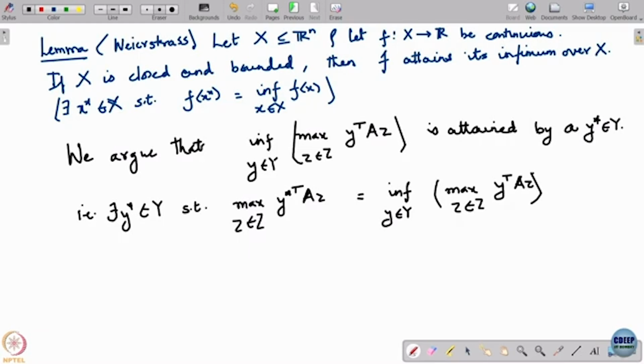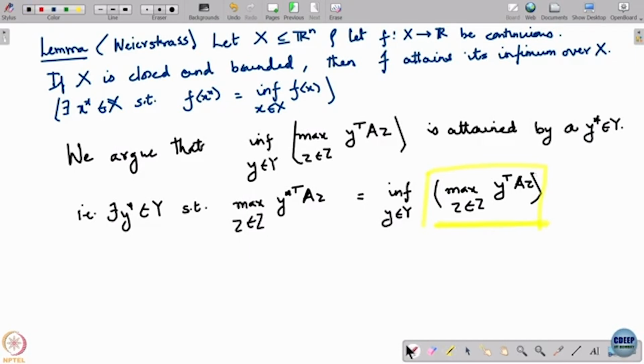Is this clear? In order to do this, what I need to argue is that this function, a function of y, which is the max over z of y transpose A z, is continuous.